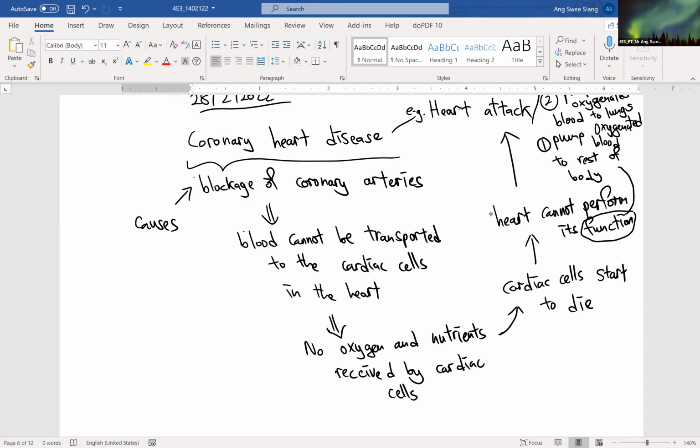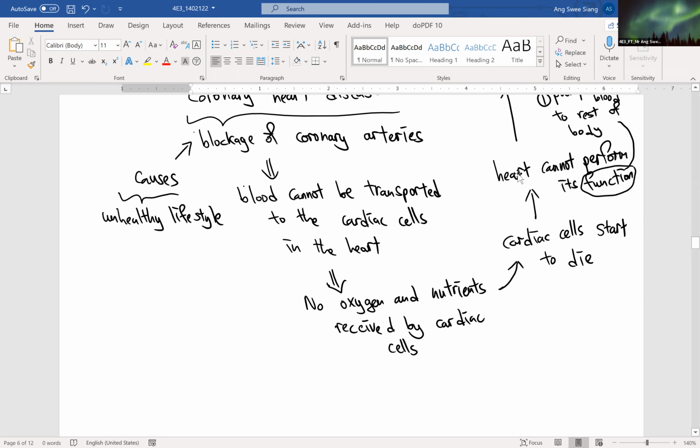Unhealthy lifestyle. What do I mean by unhealthy lifestyle? Lack of regular exercise. If you just say lack of exercise, I will mark you wrong. Lack of regular exercise.